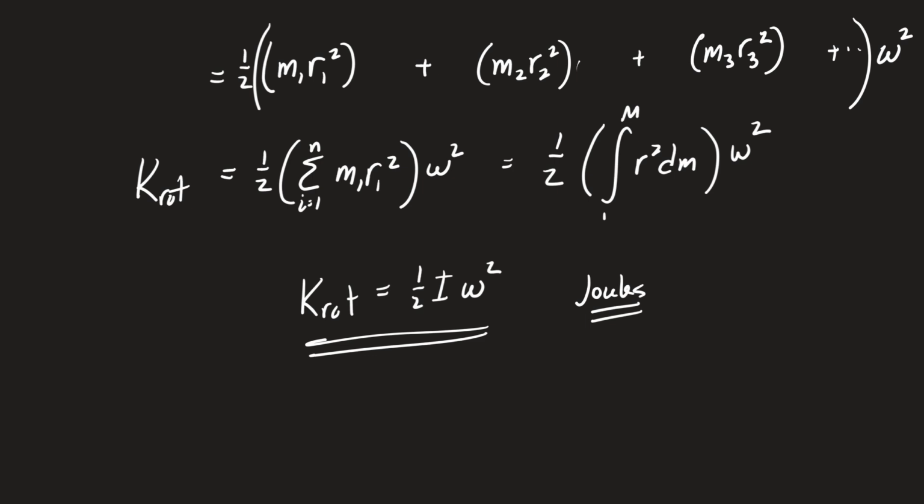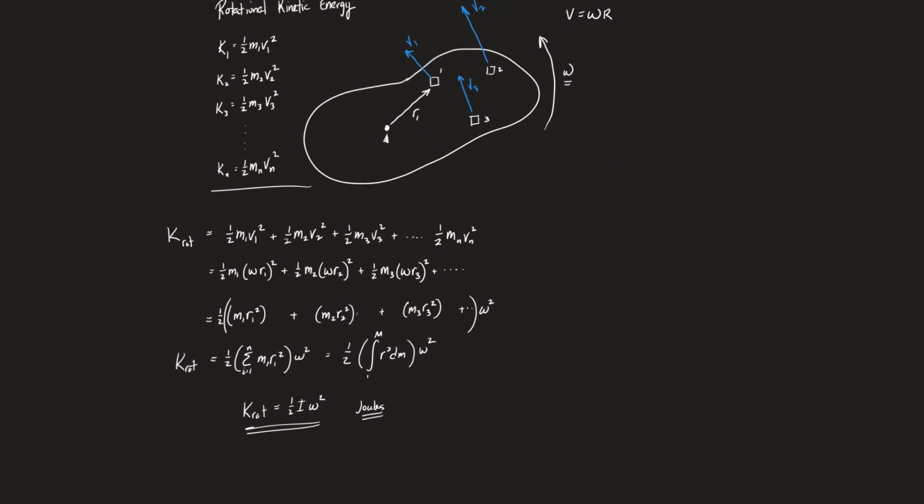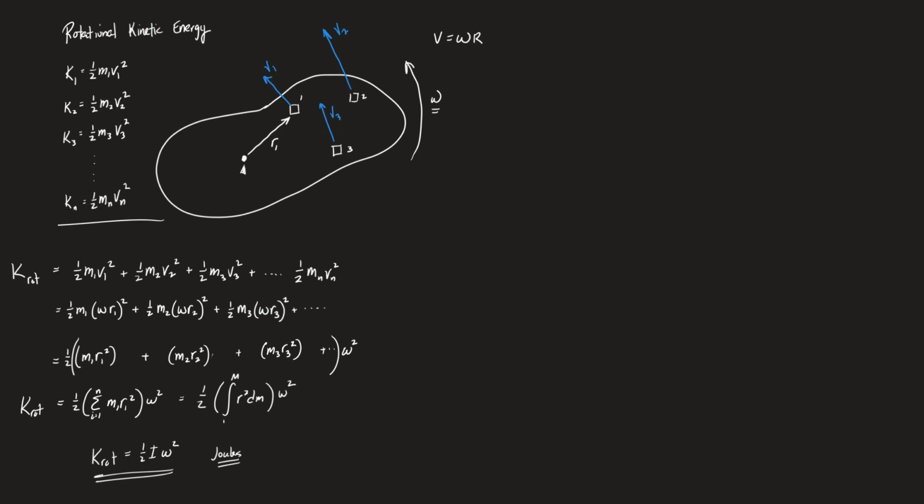Rotational kinetic energy is a direct analog to translational kinetic energy. And it is based on the fact that individual pieces of the object are moving. So when we deal with the rotation of an object, its rotation has energy. And I don't think this is a stretch, but if you wanted to get something to spin, you would likely have to do work on it.